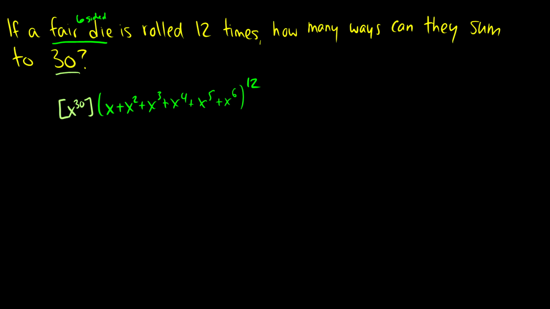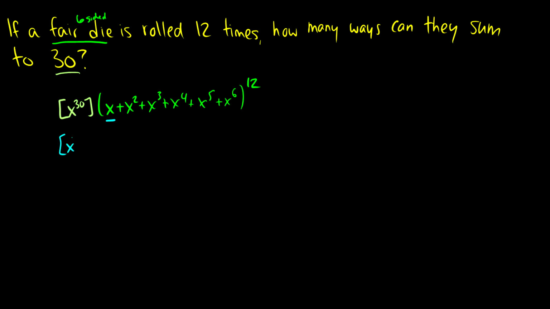So, what do we do here? Okay, well, x to the 30th coefficient of x plus x squared plus x cubed. We need to factor out an x out of all of these, because we want our generating function to start at 1. So we'll just take an x out.